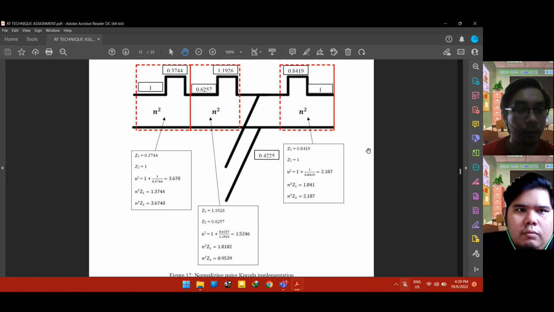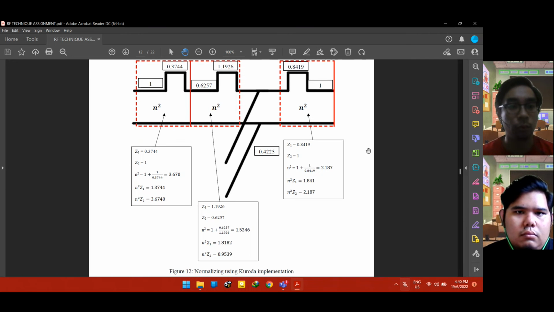For the first line, I get the answer from here, and then followed by part 2, which is the same concept, same calculation, and the last one is the calculation for the last part of my project. So after we normalize the impedance, we have normalized the Kuroda implementation.